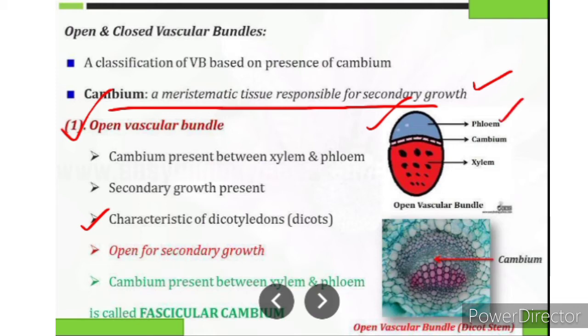Here are the phloem and xylem, and in between phloem and xylem there is a cambium ring. Such a vascular bundle we can call an open type vascular bundle. The cambium present between xylem and phloem is known as fascicular cambium.